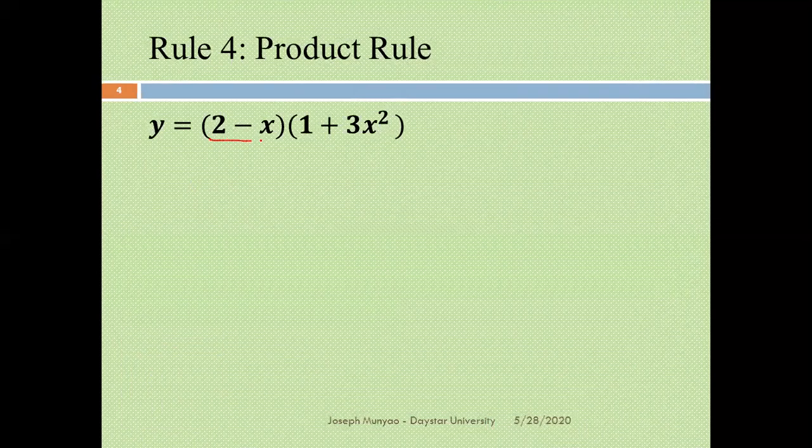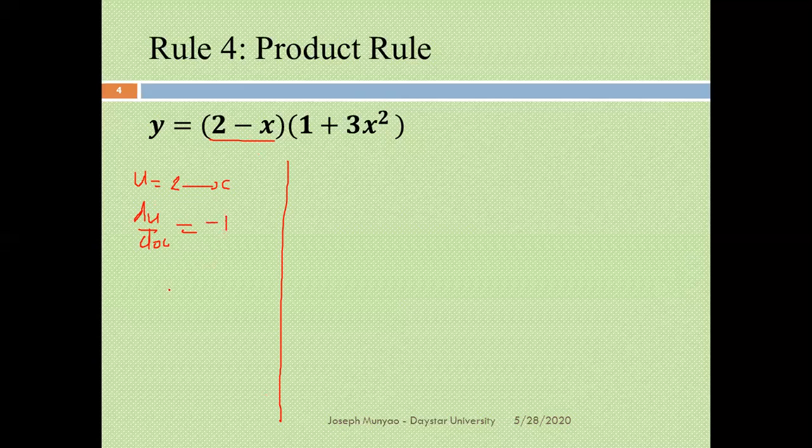Now, the first part, we let it to be our u. So the first function is 2 minus x. So your du dx is equals to, 2 is a constant, then x, so I get minus 1.